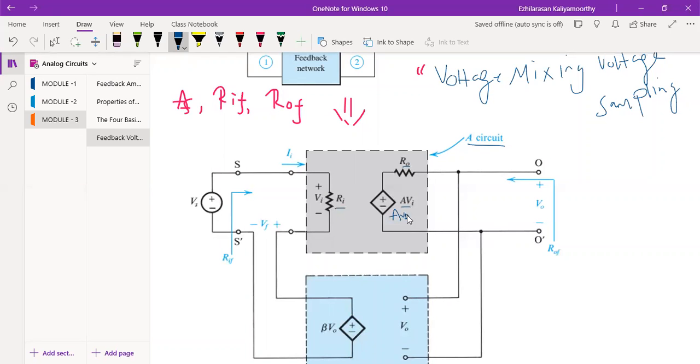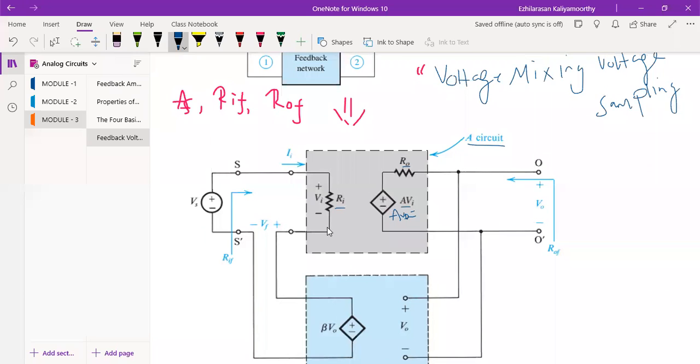It's assumed that the VS and the RL have been included inside the circuit. You have to assume that. Okay, so now let us find out all the quantities which I said.